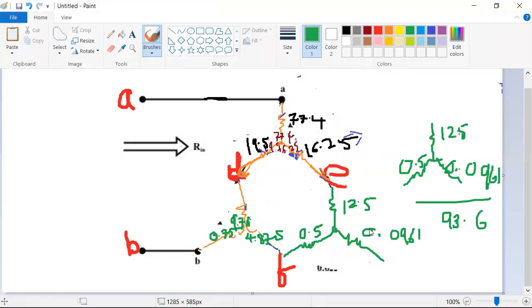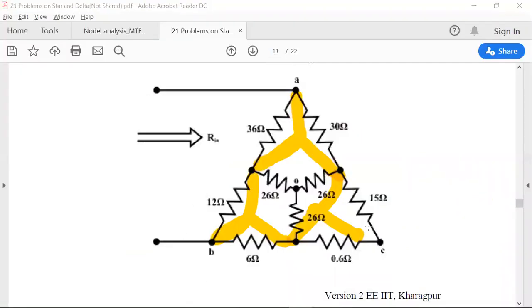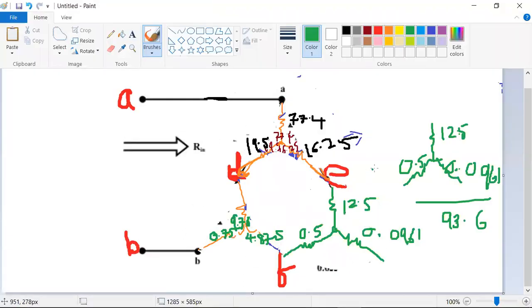If you observe this diagram carefully, which are in series and which are in parallel, let me find it out. Here 19.5 and 9.75 are in series, and 16.25 and 12.5 are in series. Let me add this, then we will think further.